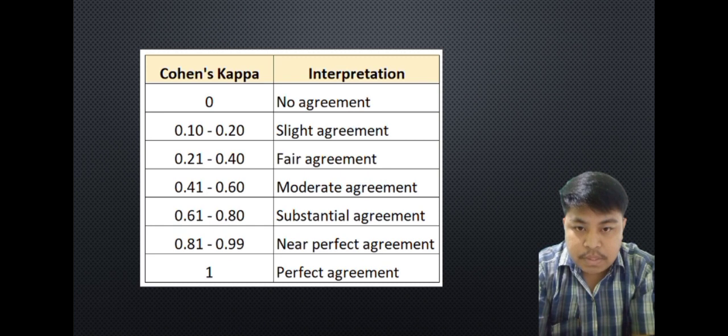Between 0.61 to 0.80, there is a substantial agreement. Between 0.81 to 0.99, there is a near perfect agreement. And when the value is 1, this means that there is a perfect agreement.